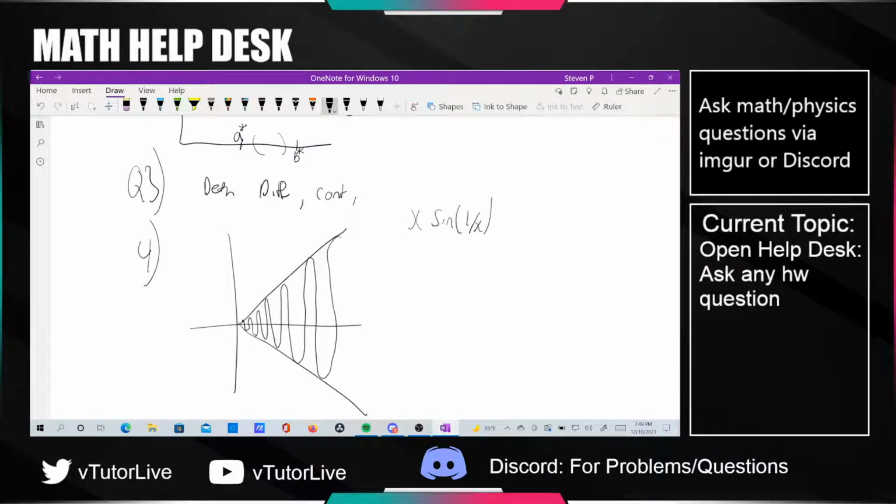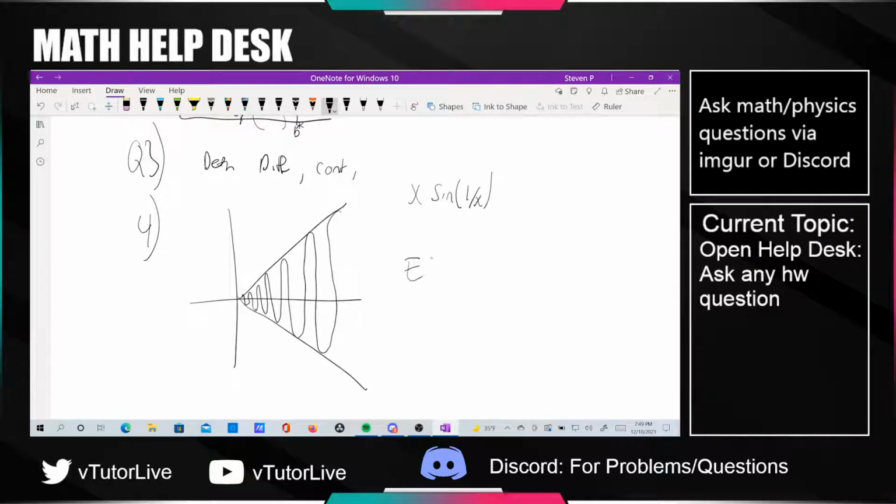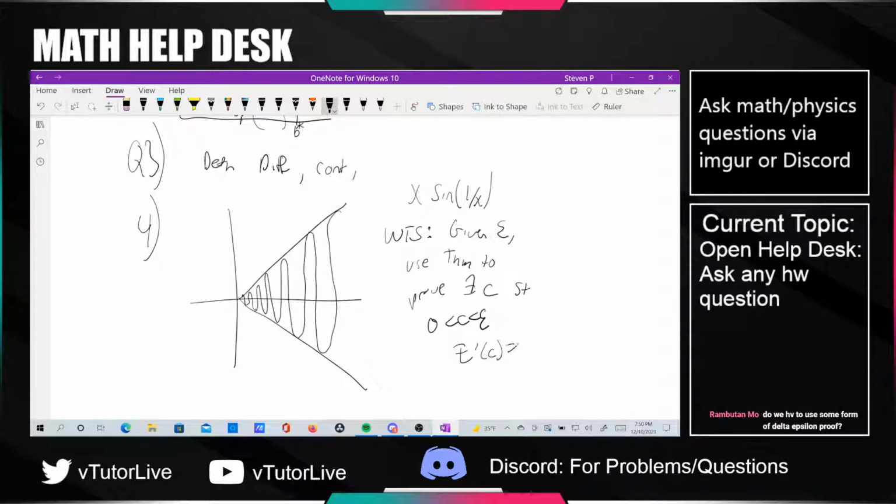But the idea here is we want to show, WTS means we want to show, given an arbitrary epsilon, use the theorem to prove there exists some c such that 0 is less than c is less than epsilon, and E prime of c is equal to 1.